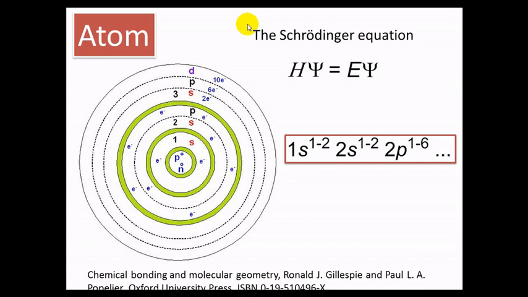First, I want to say the atom is constituted by three kinds of particles: protons, neutrons, and electrons. These particles are matter. In this picture, I am showing a representation of the structure of an atom in the shell model. Here we can see the three fundamental particles.